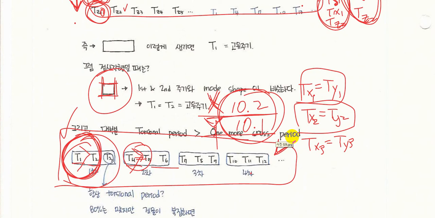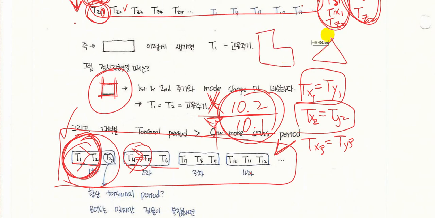If you have beautiful square or rectangular buildings, then this rule will apply. This rule will hold. There is no doubt about it. But most buildings are not like that, as we wish. Some buildings are like that.